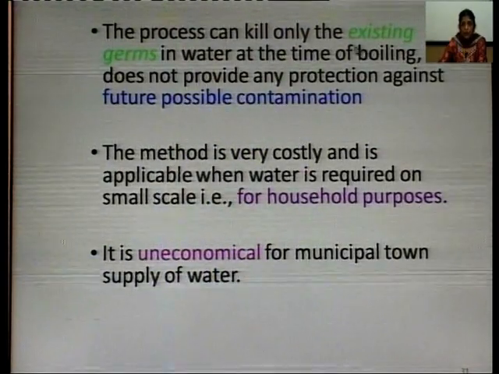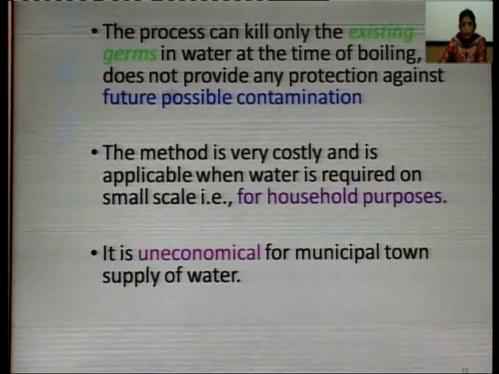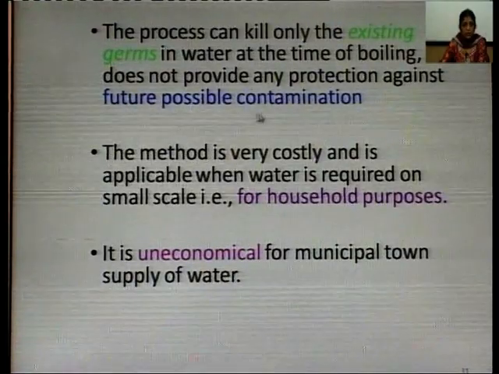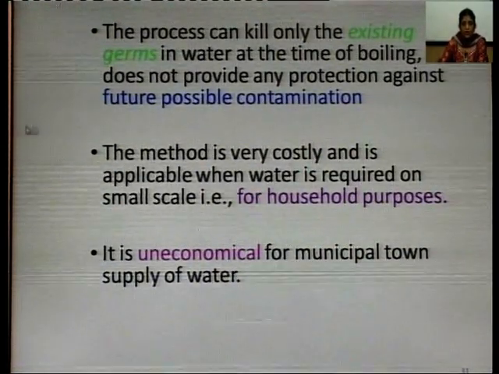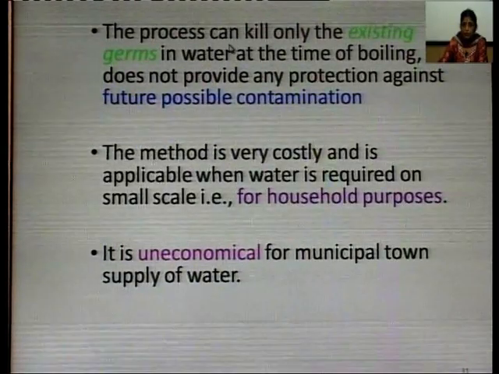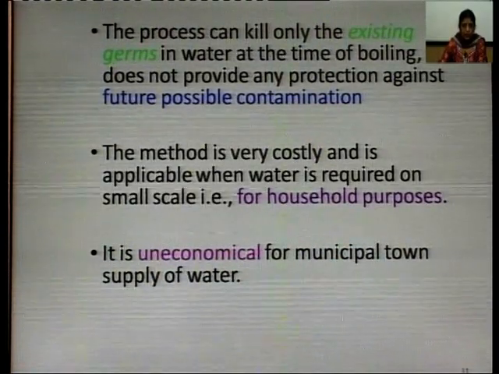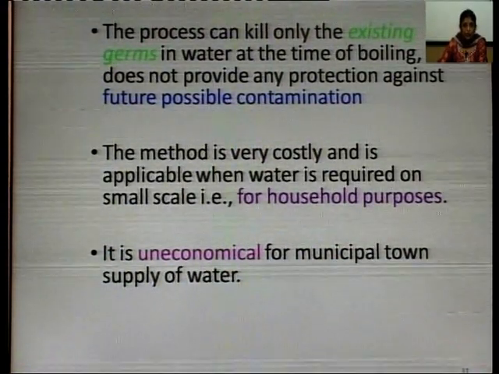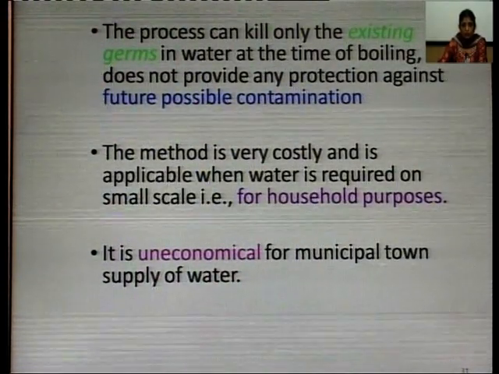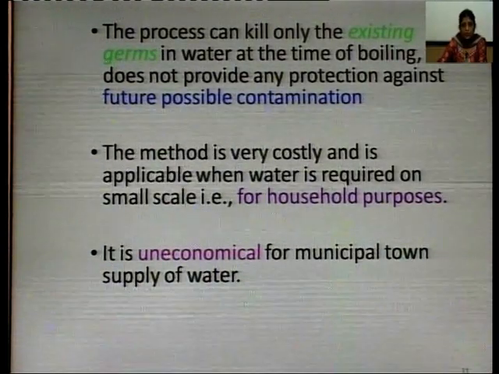Boiling can kill only the existing germs in water at the time of boiling, but does not provide any protection against future possible contamination. This means that at the time of boiling, the bacteria present in water can be killed, but when this boiled water is stored, if certain bacteria are produced or survive, then this method cannot provide any protection.